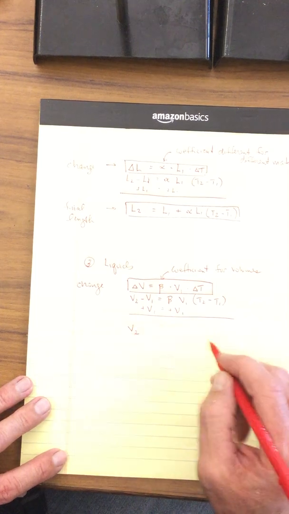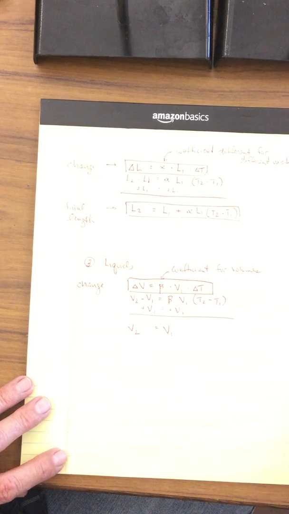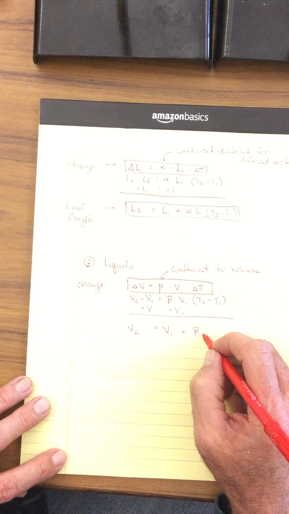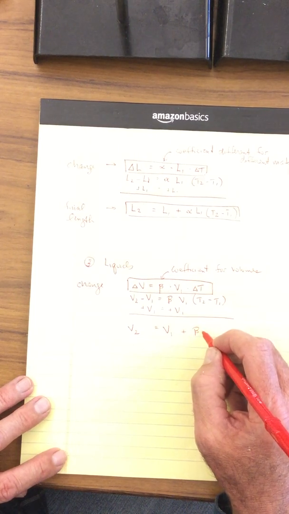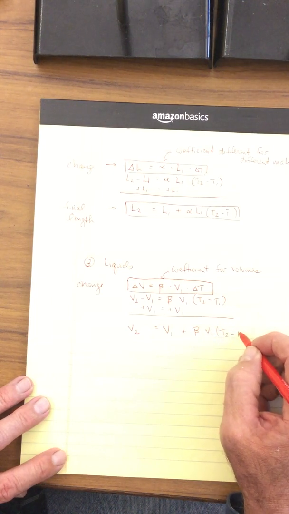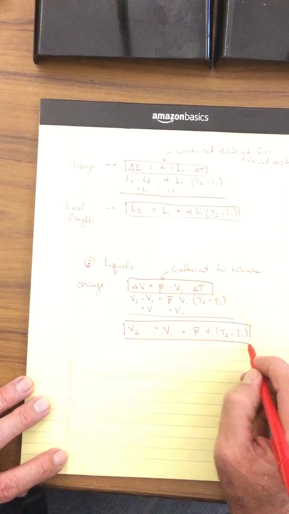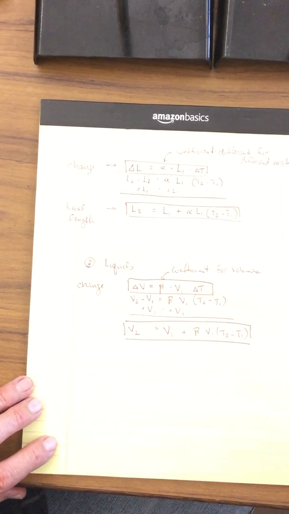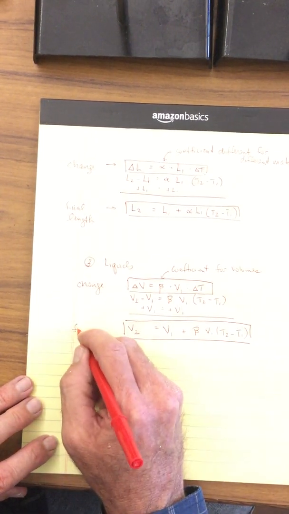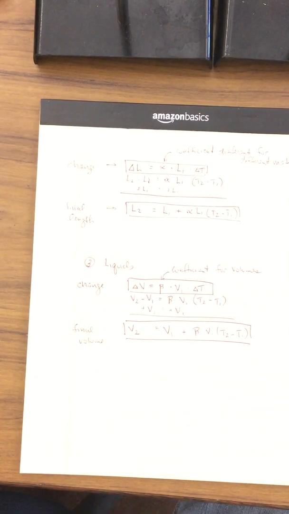Well, the final volume of material is going to be equal to whatever it started as, the initial volume, plus the amount that it's going to change based upon its coefficient times the initial volume times the final and initial temperatures. So this is going to be the master formula for finding the final volume. That's it for this part.